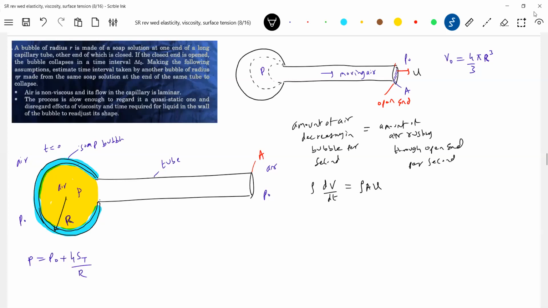So we have the equation. I'll differentiate this: dV by dt will be 4 by 3 pi into 3 r square dr by dt. What will happen to the radius? In fact, it decreases, so shall I go for a negative sign? Why negative sign? Because the radius of the bubble decreases.